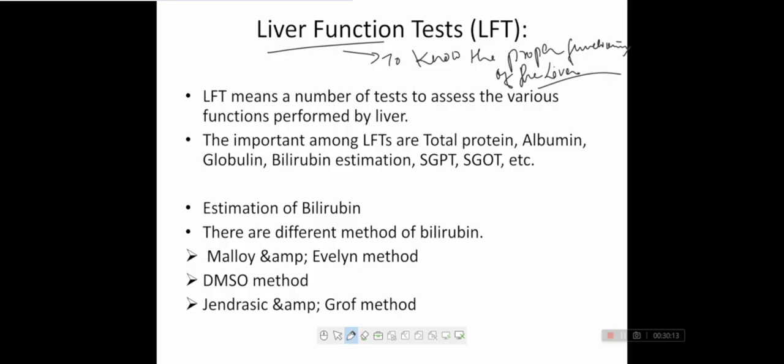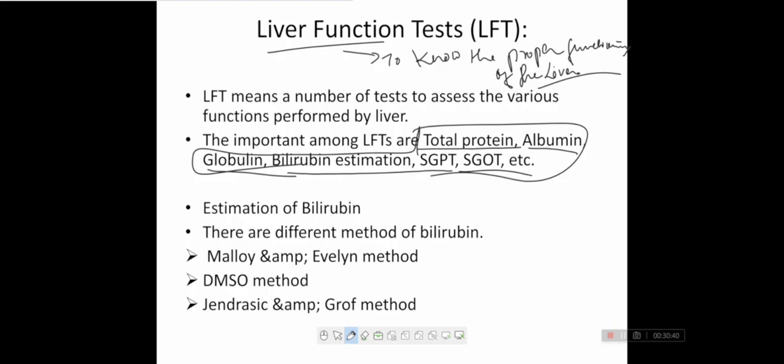LFT means a number of tests to assess the various functions performed by the liver. The important ones among liver function tests are total protein, albumin, globulin, bilirubin estimation, SGPT and SGOT. These are the most important factors that are tested in the liver function test.